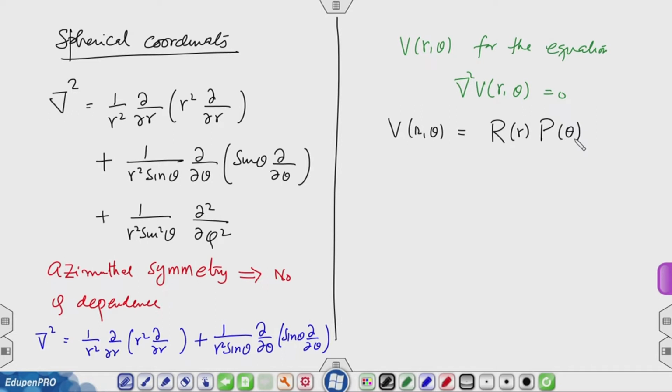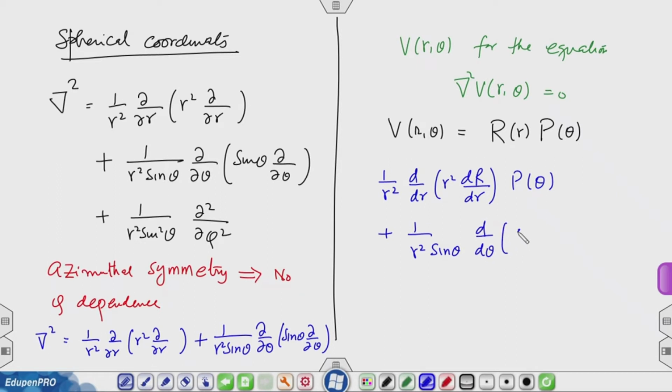And when I substitute this in the Laplace's equation, what I get is 1 over r square d by dr acting on r square dR by dr, and there is going to be P of theta outside, on which this r operator does not work, plus 1 over r square sin theta d by d theta of sin theta dP by d theta times R is equal to 0.